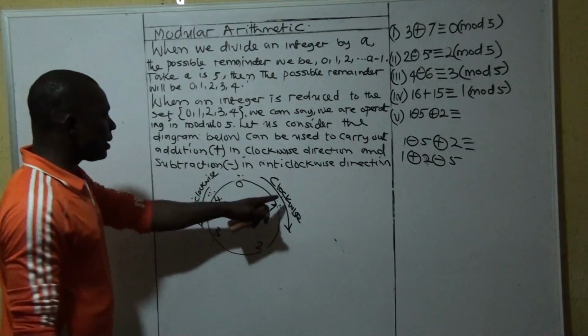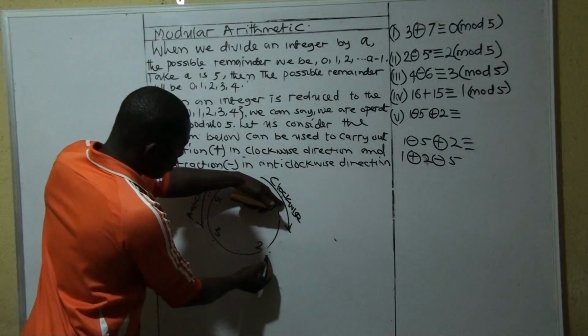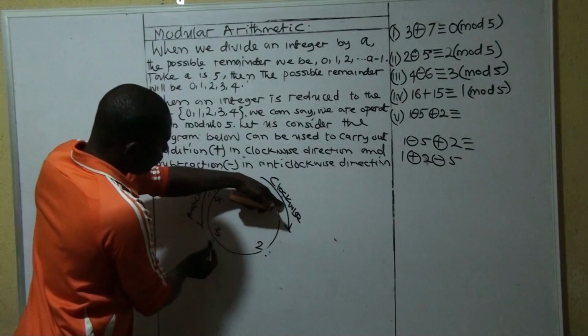You start at 1, then you count 2 times: 1, 2.